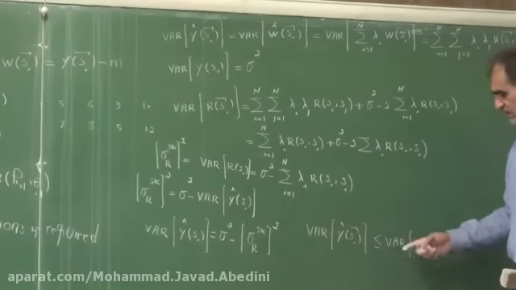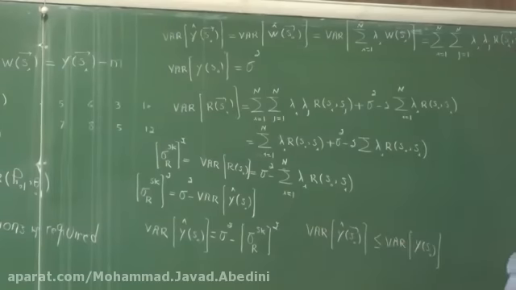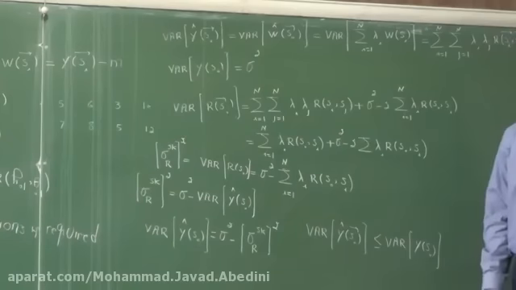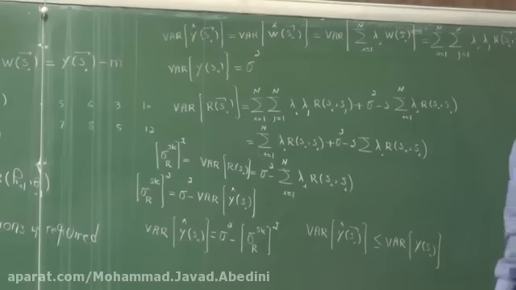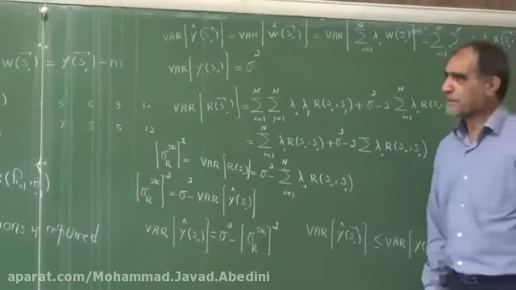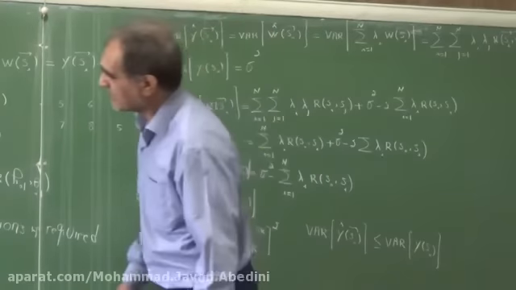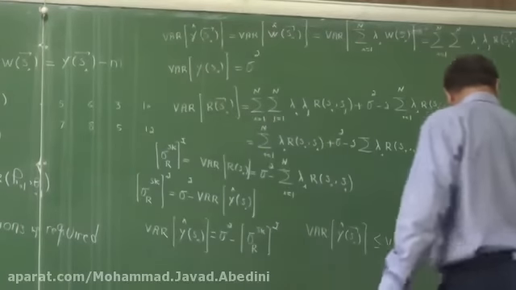Variance of estimated value is less than variance of true value. How could it be possible to interpret this in your professional life? Look at this diagram here.